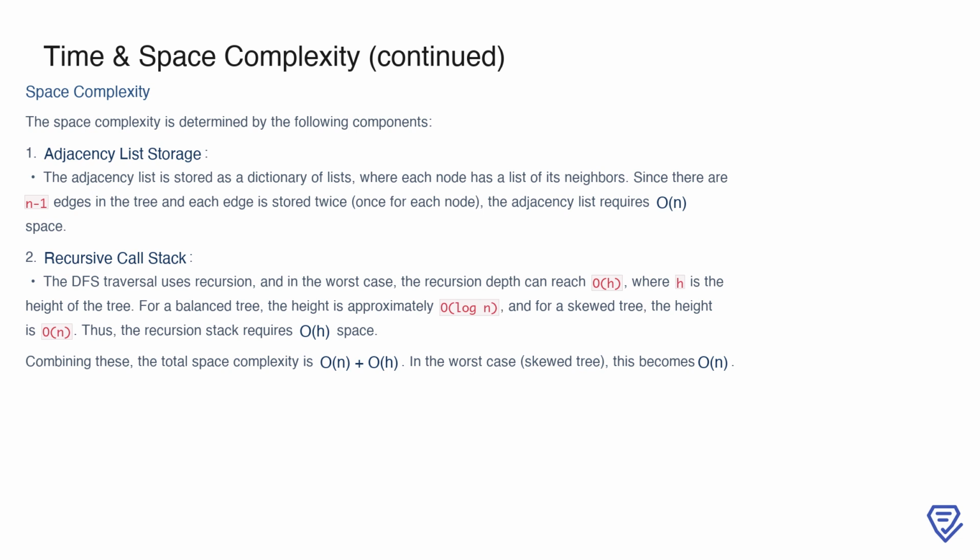In the best case of a balanced tree, the height is approximately log n. However, in the worst case of a highly skewed tree, the height can reach n. Combining these, the total space complexity is O(n) for the adjacency list plus O(h) for the recursion stack. In the worst case, where the tree is skewed, this results in an overall space complexity of O(n).